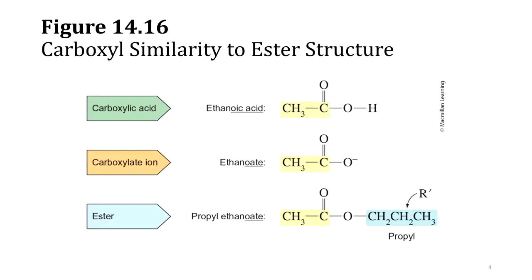We can see the relationship here structurally between the various forms. We have the carboxylic acid form first, its conjugate base, the carboxylate ion, and then the corresponding ester, where we've attached an alkyl group where the hydrogen was.